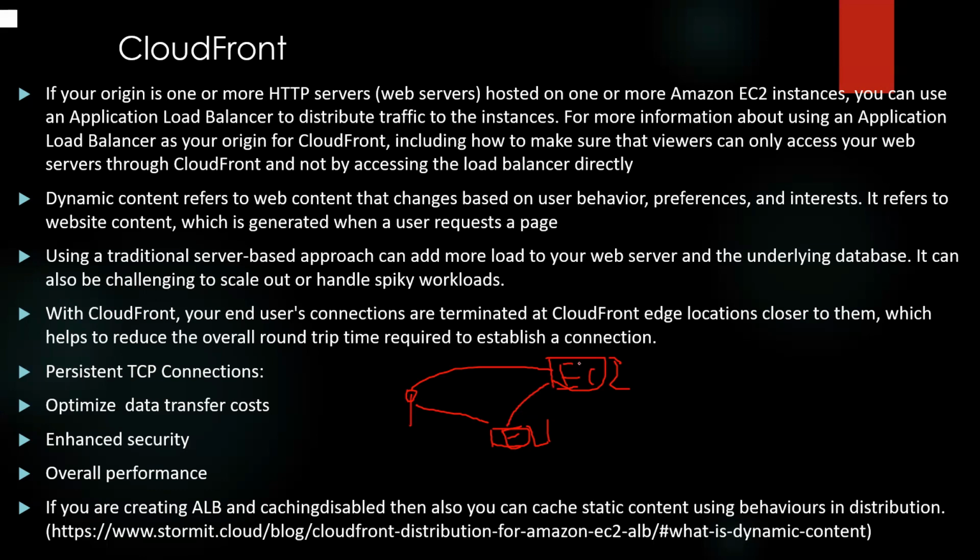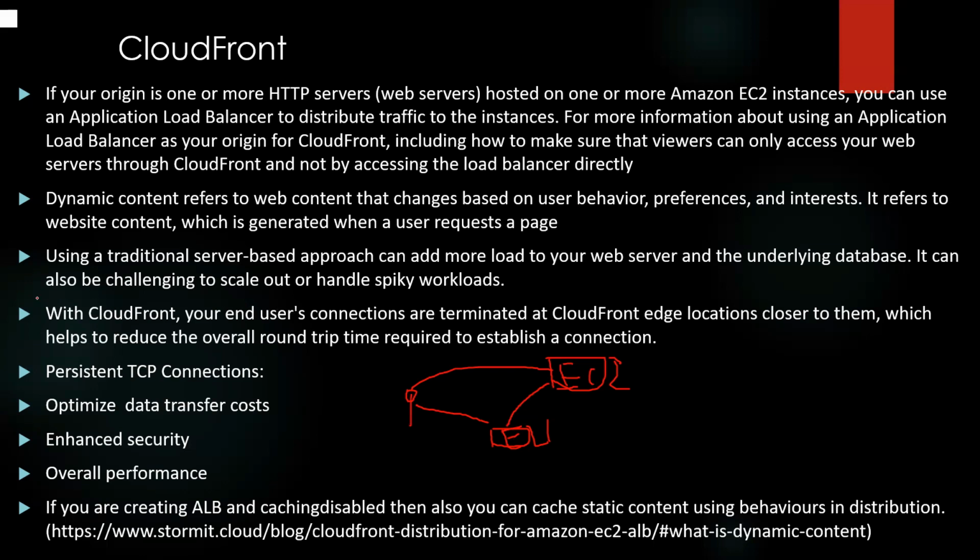That's why I'm saying your security is less if you're hitting it directly, but if you are hitting it through the edge locations, you are increasing the security also. So dynamic content refers to web content that changes based on user behavior, preferences, and interests, but you can use CloudFront for this to make it faster and secure.